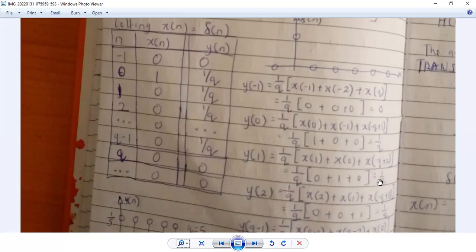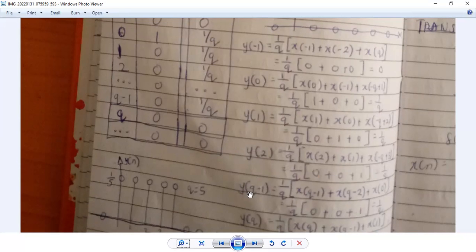The rest are zeros, so you still have 1 over q. At n equal to 2, you plug in 2 here. It has values of zeros everywhere, only when you have minus q plus 3 do you get 1. So it's still 1 over q.